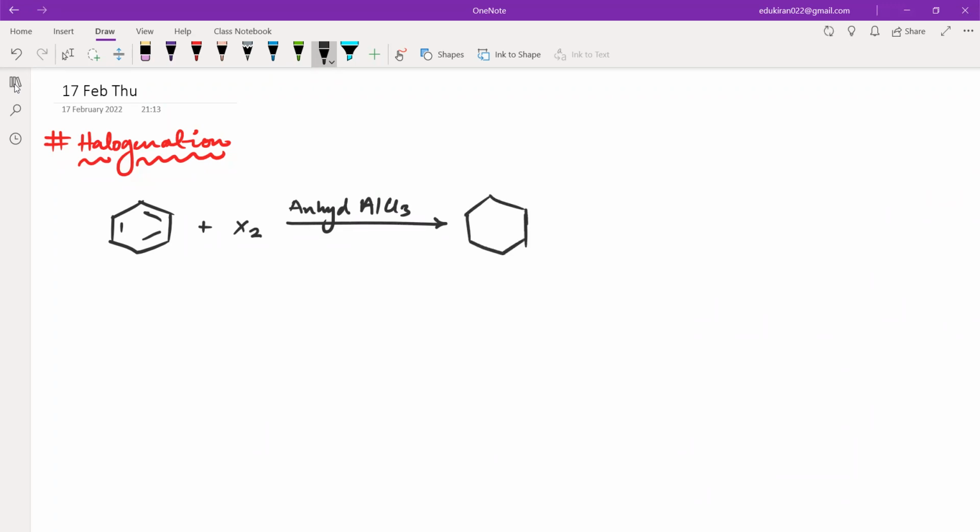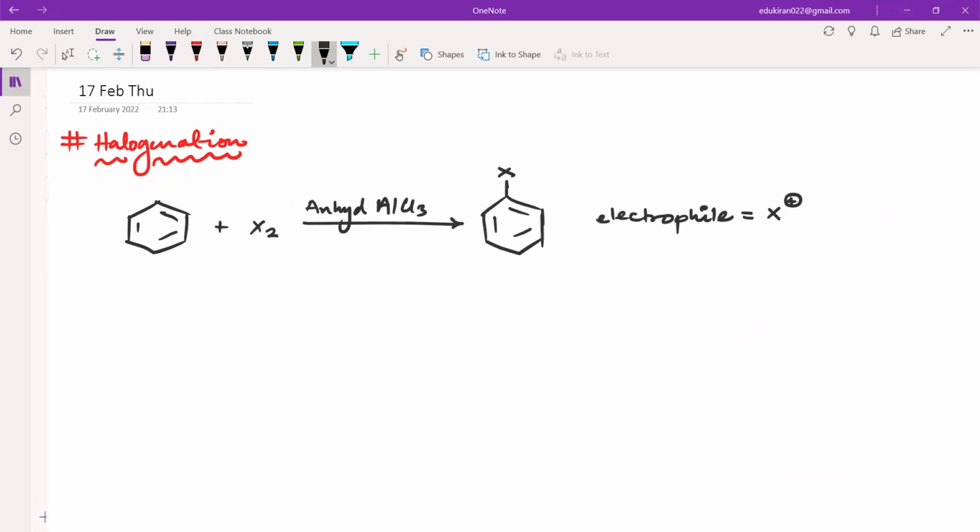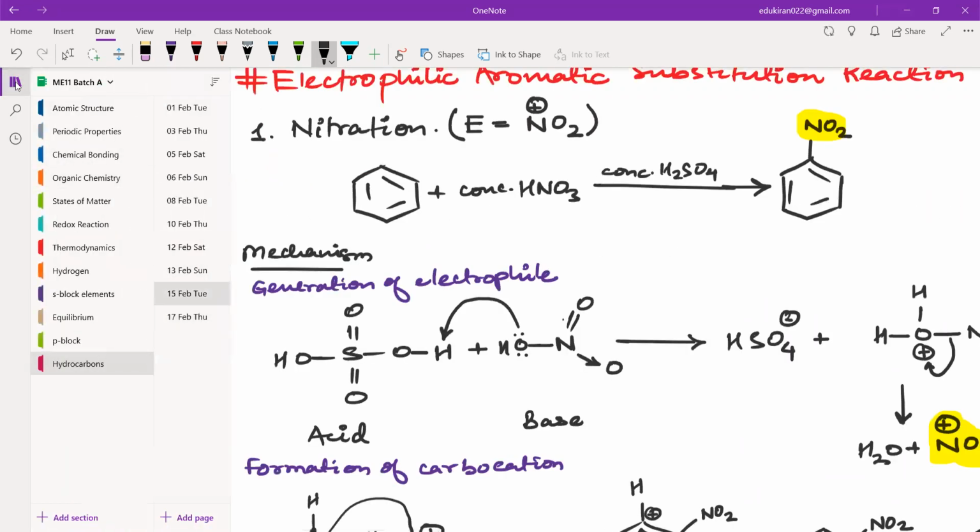We get an X atom attached on the benzene ring. So in this case, the electrophile is X positive. So this is how you are going to identify the electrophile.